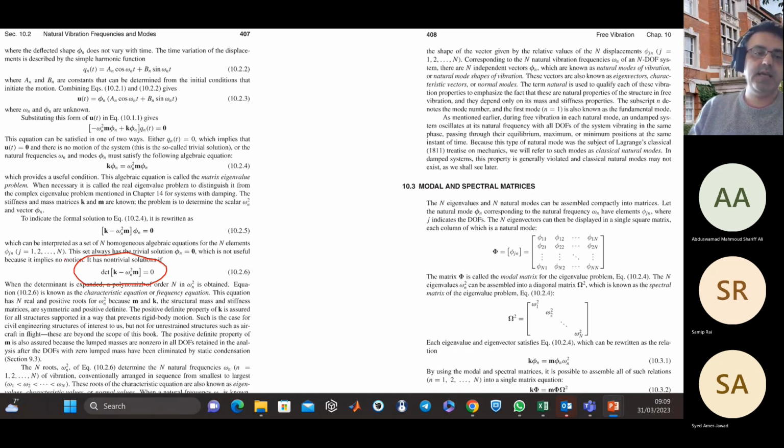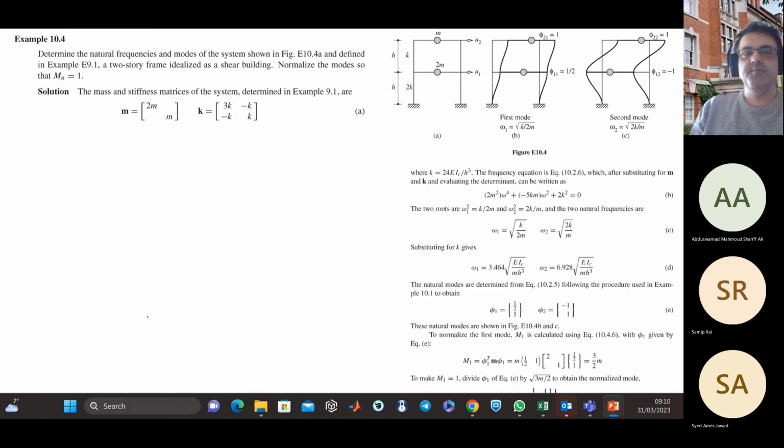So in this case, k and m are 2 by 2 matrices, and you need to assemble this and calculate the determinant of this matrix equal to 0 to find the unknown omegas. That's the whole process you need to do for the eigenvalue analysis.